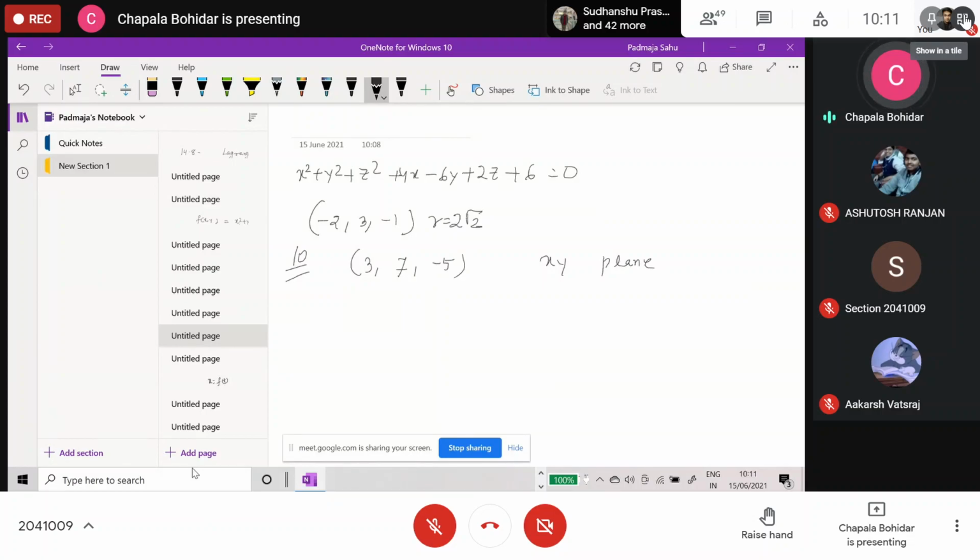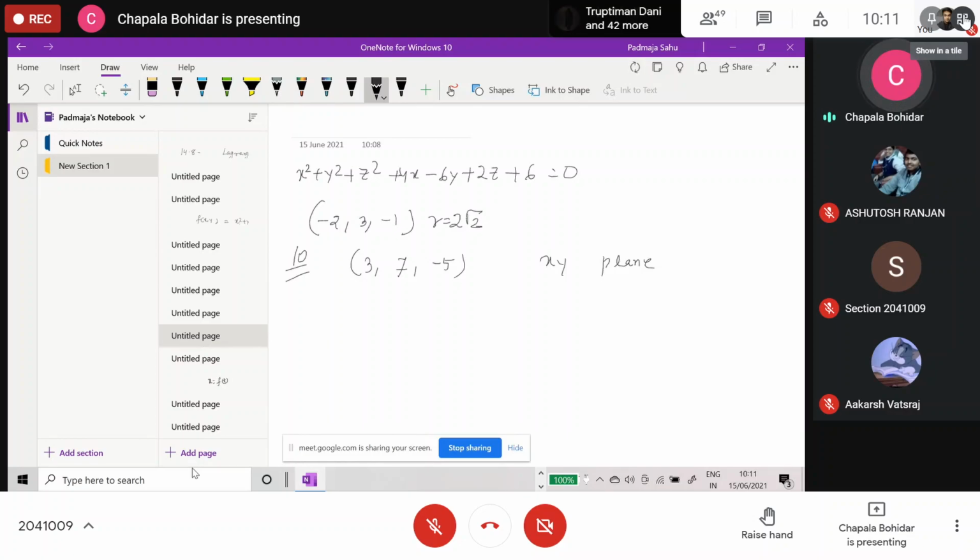For the xy plane, z is equal to 0. So the point is 3, 7, 0.